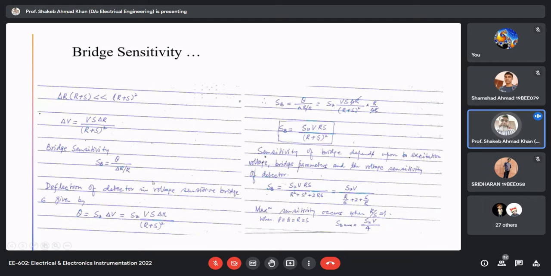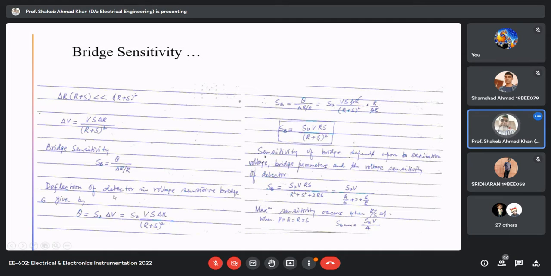Bridge sensitivity is defined as, generally, sensitivity of any instrument we define as the ratio of change in response to change in input or stimulus. And change in input is fractional change in resistance of the measurand resistance arm.